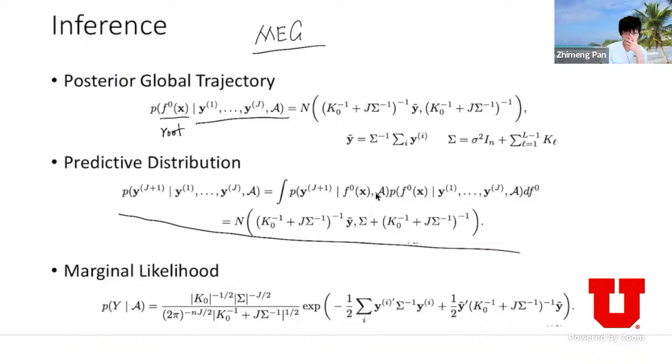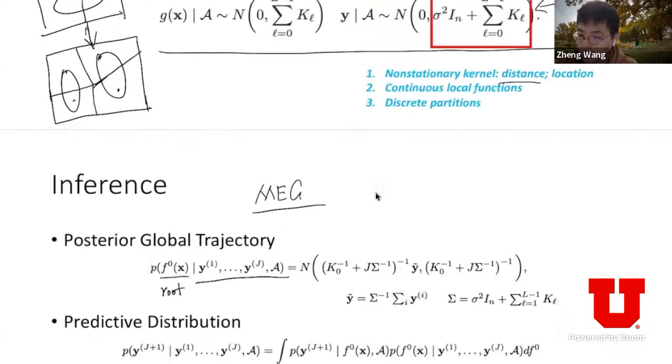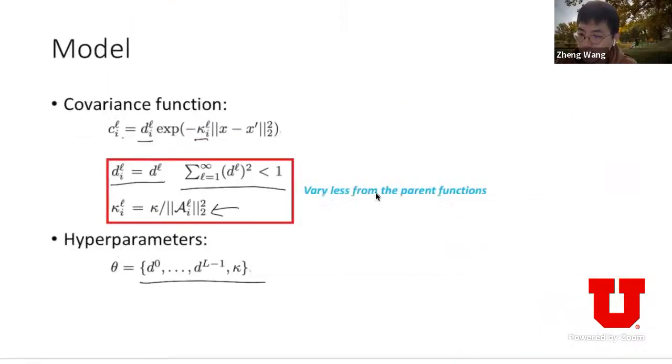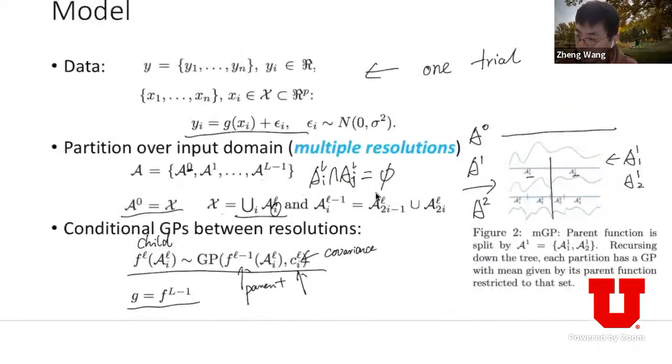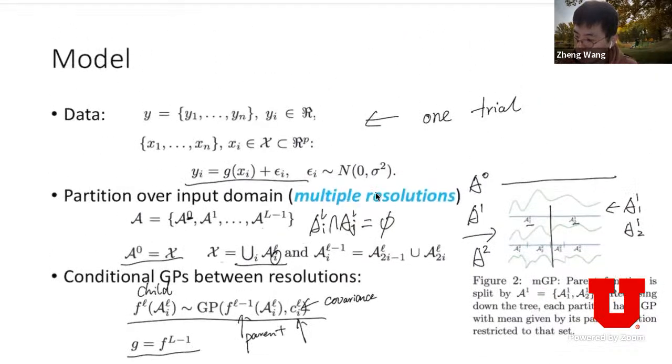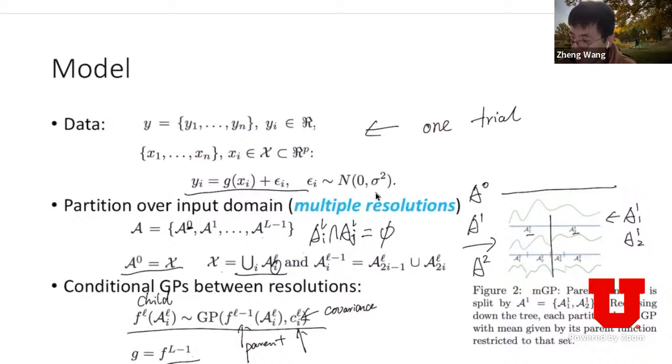What's F0? The third one, what is F0(x)? Just the root. What's the root? The root here is the most smooth one.